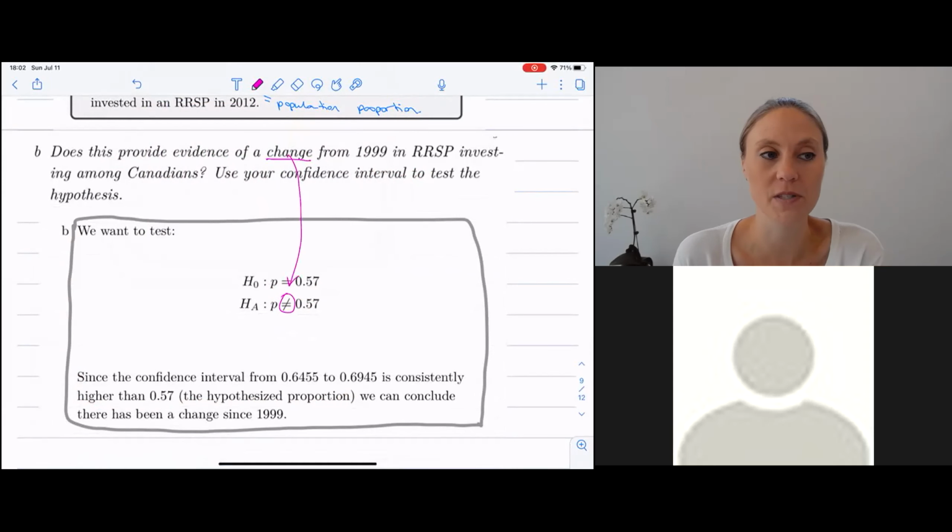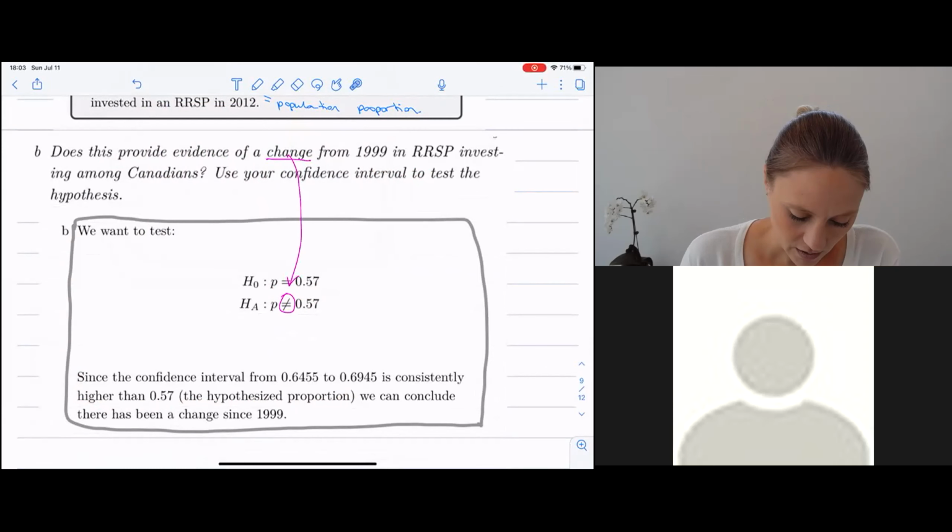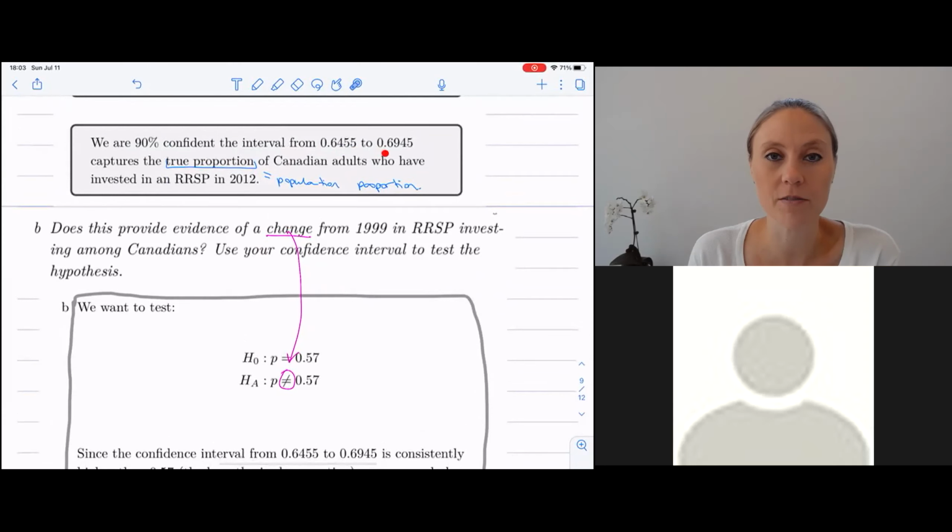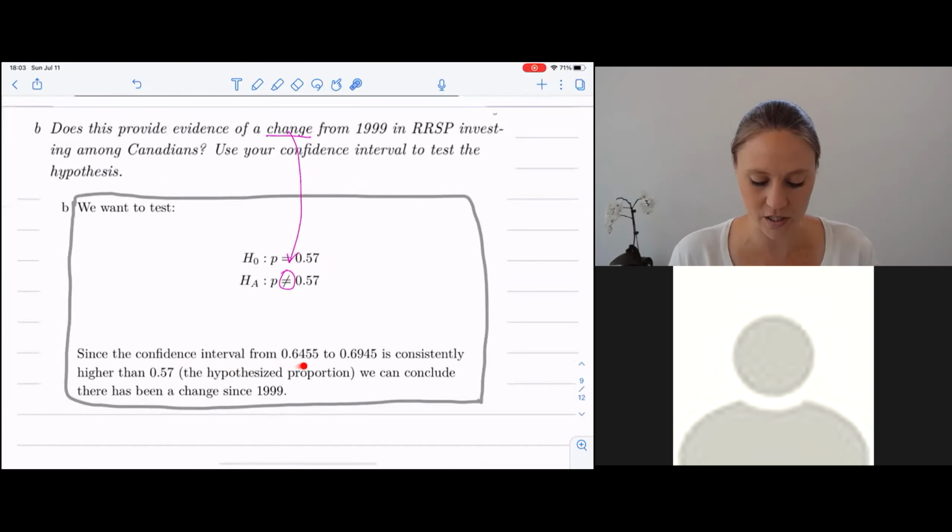Right, from 0.57. Our confidence interval was from 0.6455 to 0.6945. So since the confidence interval from 0.6455 to 0.6945 is consistently higher than 0.57, which is the hypothesized proportion, we can conclude there has been a change since 1999.